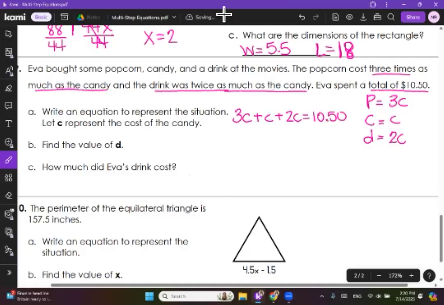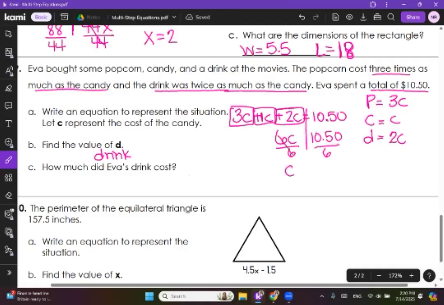So they don't want us to find the value of the candy. They want us to find the value of the drink. So that means we're going to add everything up. 3C, 1C, everything is a C. So 3 plus 1 is 4, 5, 6. We divide by 6.